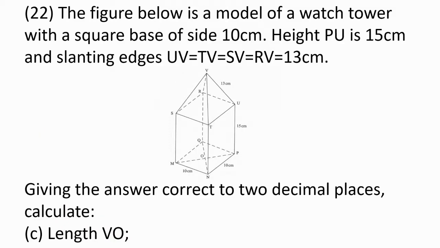Part C, calculate length VO. So length VO will be the length between V and plane RSTU, plus the length between plane RSTU and plane MNPQ. So we first compute the length between V and plane RSTU, and to do that we can tell that there's a right angle triangle formed from point V to the midpoint of the plane RSTU.